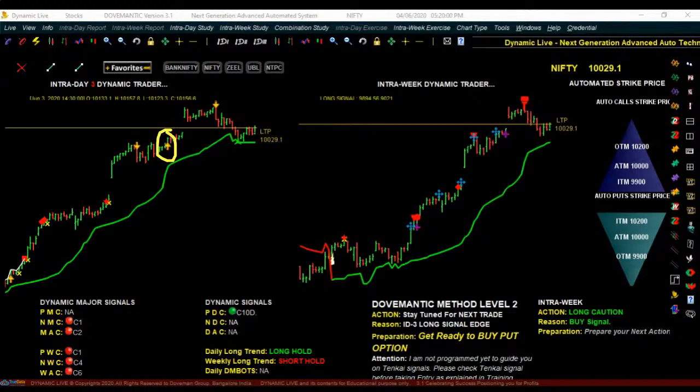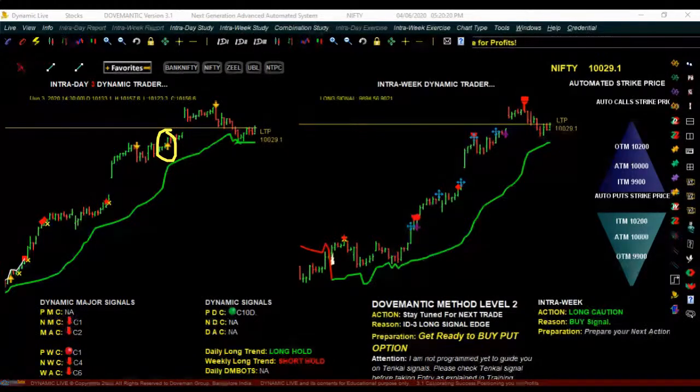If I buy 4 lots out of 10,000, I'm still using only 8,700. But if I go for the 5th lot, my allocation has to be more than 10,000, so I will not do that. I will stick to the 4 lots. I am allocating only 10%, so my maximum risk on this particular trade is only that allocation of 10,000, wherein I have used only 8,700 rupees. So this is how you can go about trading.